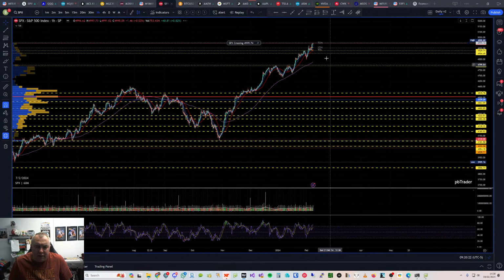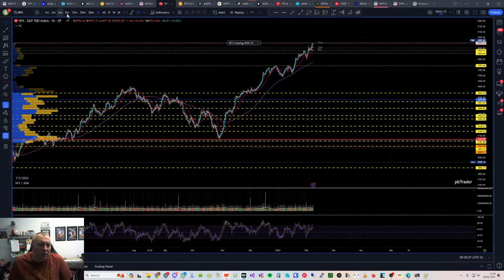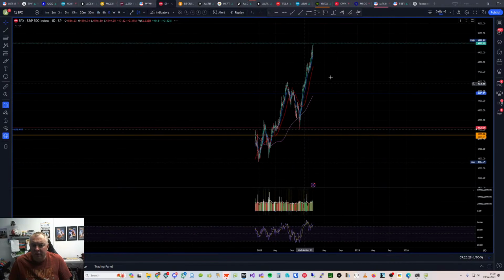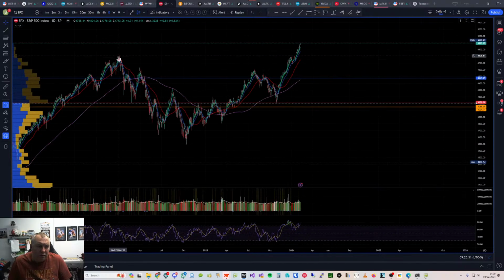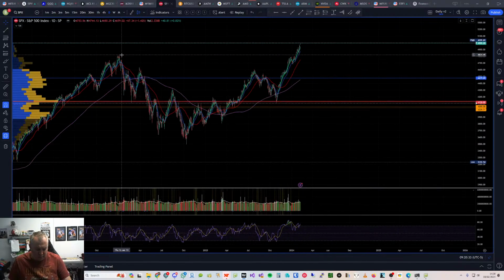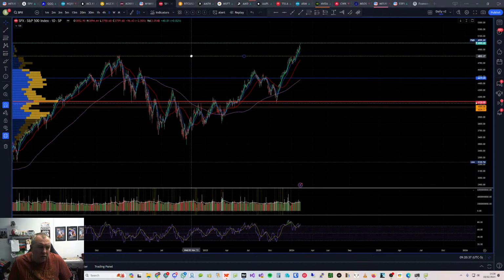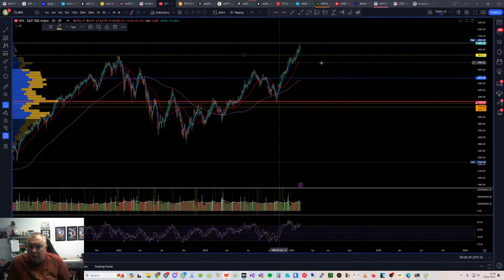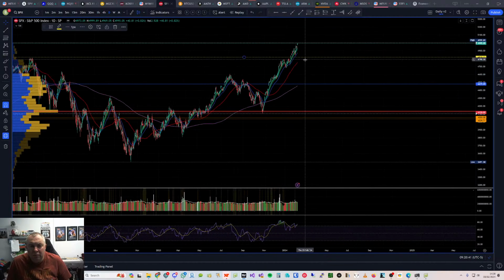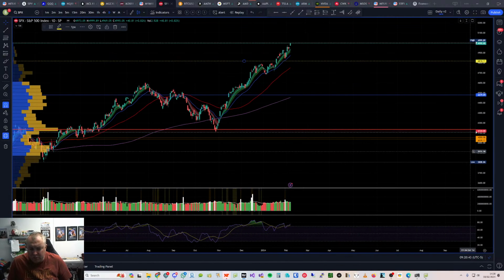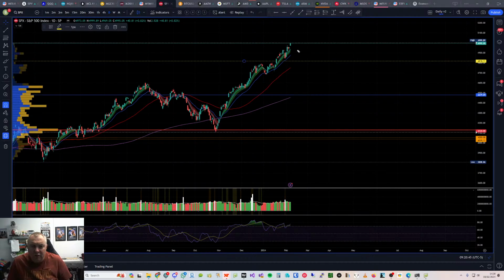Big uptrend. On the daily, that's better. Okay, it might be from. Let's just put that level in. Not away from there, but I just want to put it in case we need it in the future.